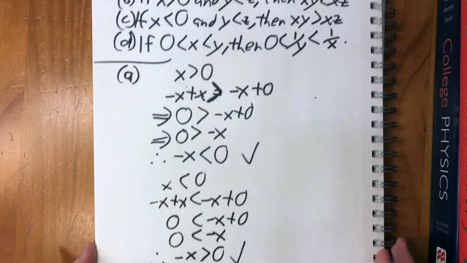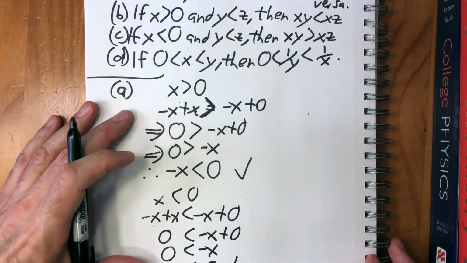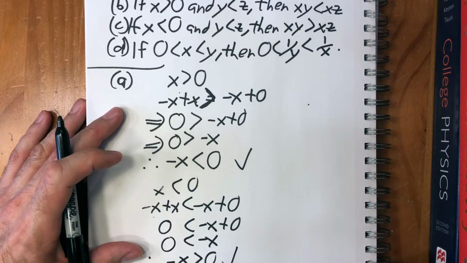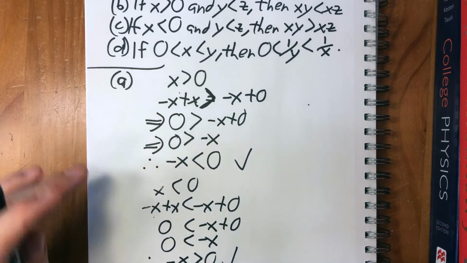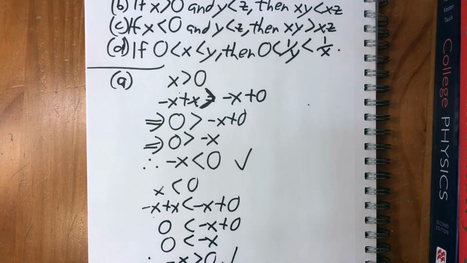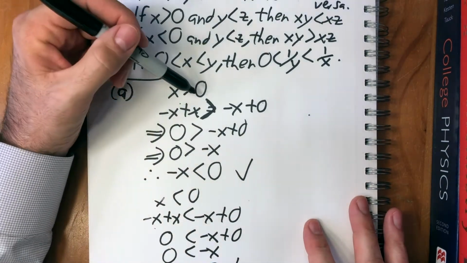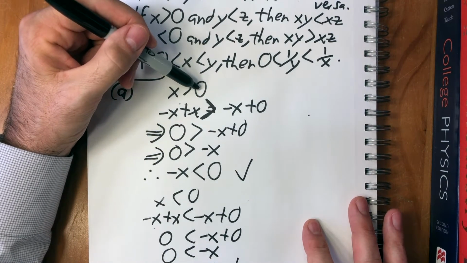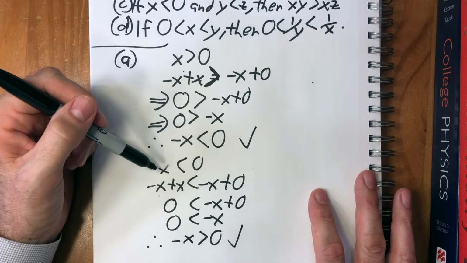So basically, what we've shown is another concept from the axioms of fields, because what we're saying here is actually quite interesting, that a number is either greater than the additive identity or it's less than the additive identity.